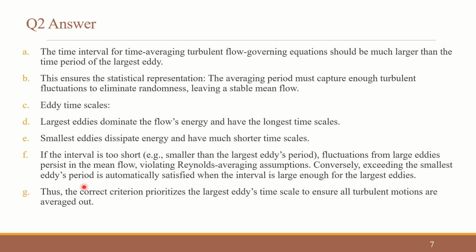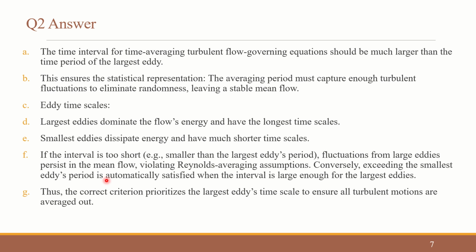Thus the correct criterion prioritizes the largest eddies' time scale to ensure all turbulent motions are averaged out. So I hope it is clear that the time interval for time averaging turbulent flow should be much larger than the time period of the largest eddies. Why? Because largest eddies have the longest time scales and smallest eddies have shorter time scales.